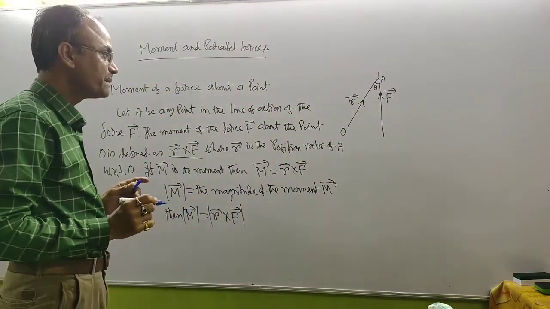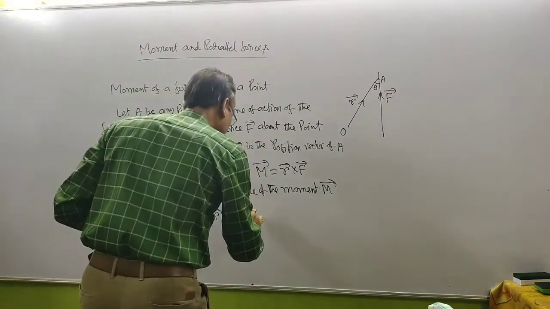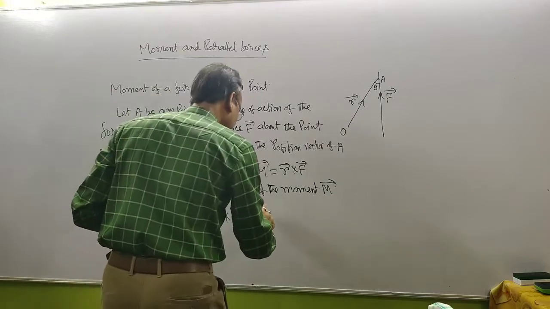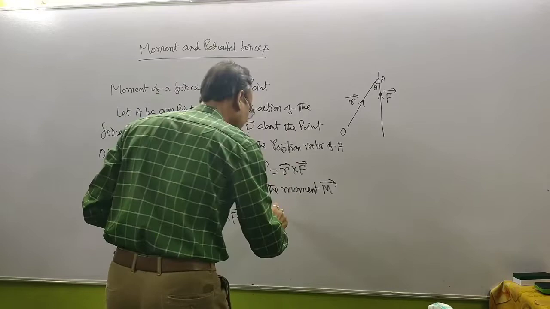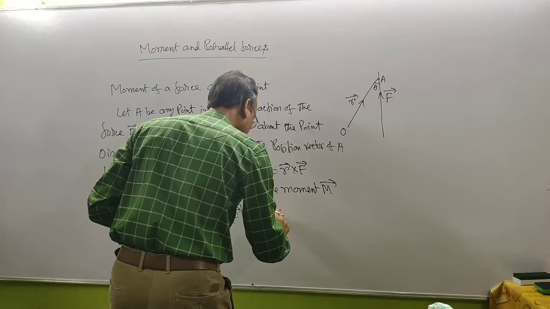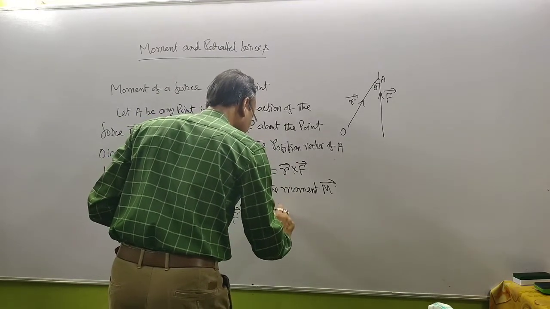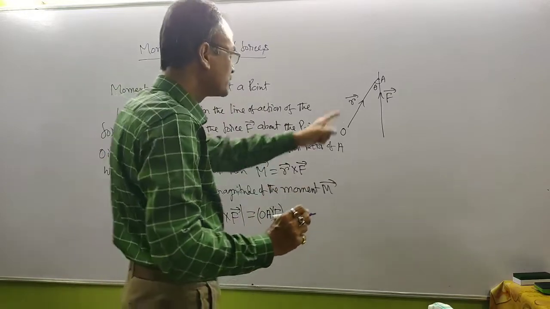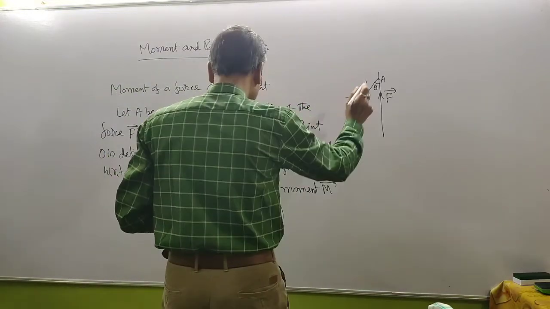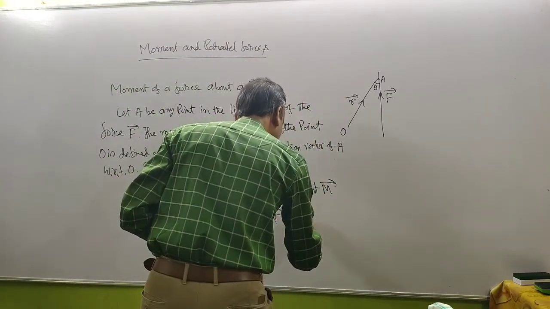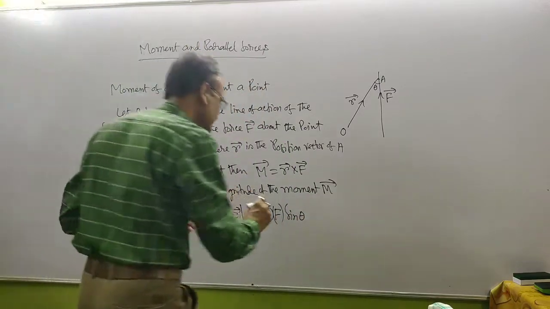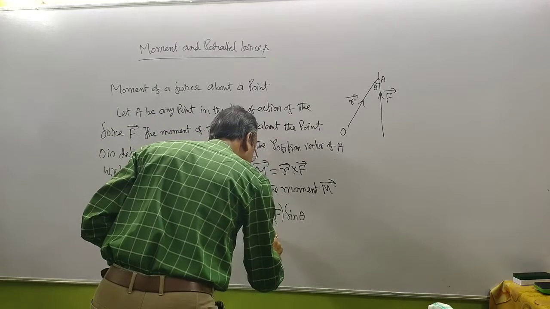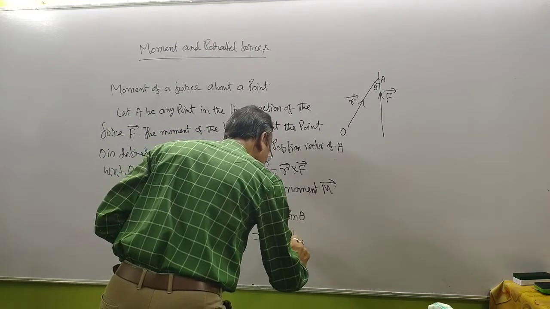This is equal to OA times F times sine of the angle between these two vectors, sine theta. This can be written as F OA sine theta.